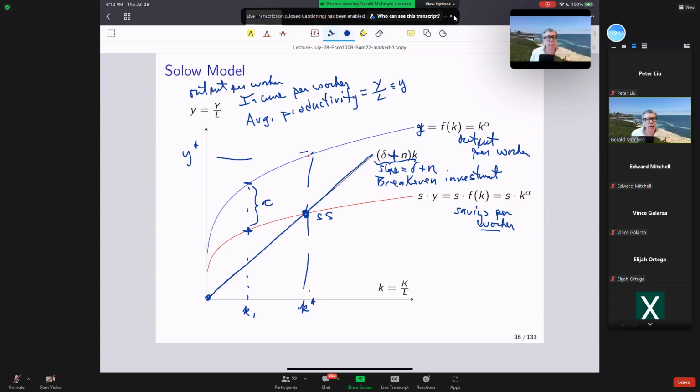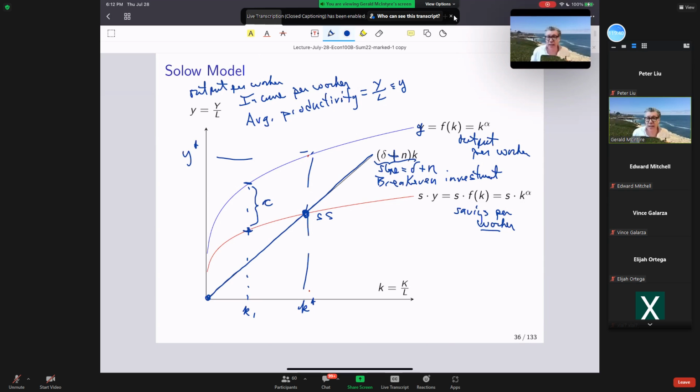And so if you're going to do savings and you're going to stay steady at the steady state, then you have to do enough savings so that you give enough investment to cover what's falling apart. That's the depreciation part. Plus, to give the newbies the same capital that everybody else has. That's the n part.